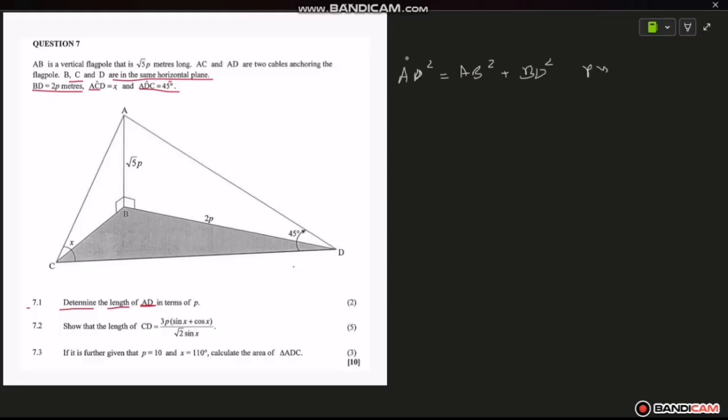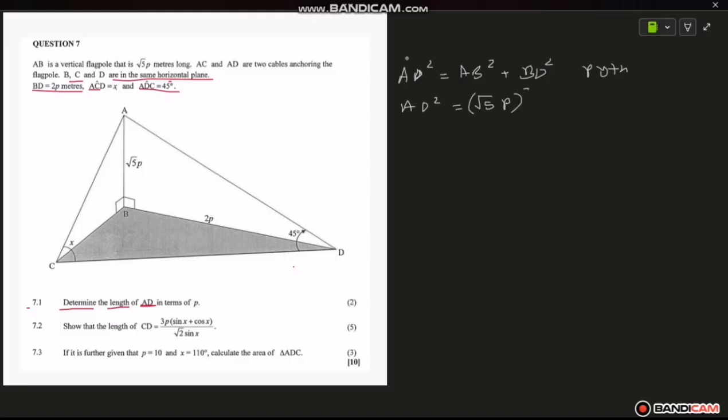Therefore, AD squared equal to AB squared plus BD squared. And you can write Pythagoras or Pyth. Therefore, we're determining AD. We don't have AD. Therefore, the value of AB is square root, open bracket, square root 5P.